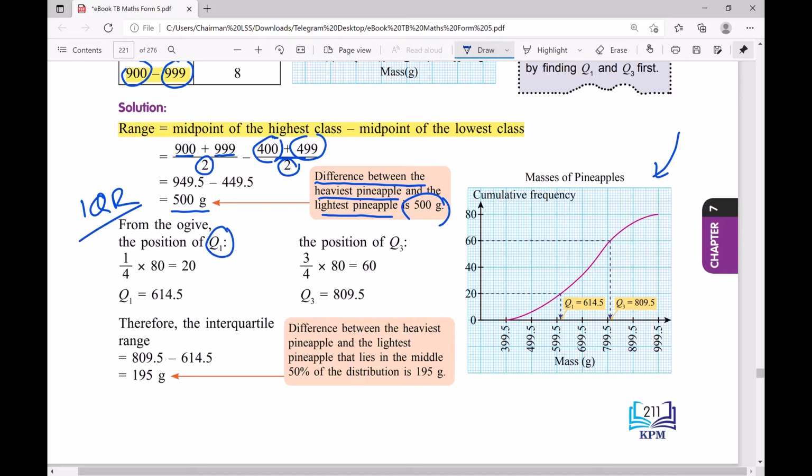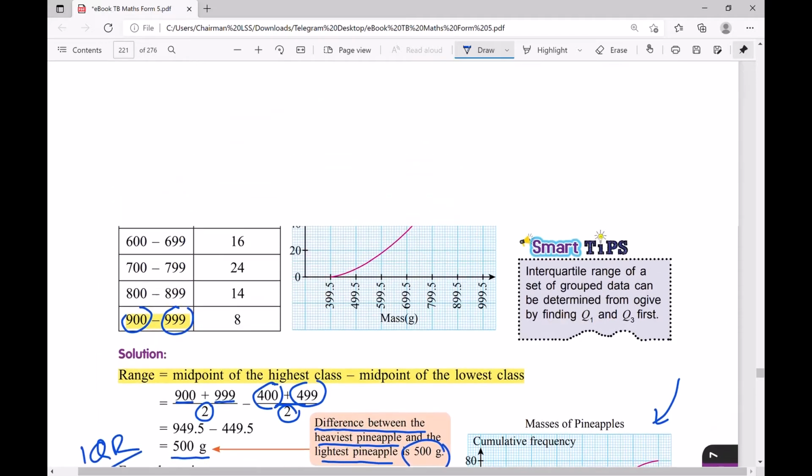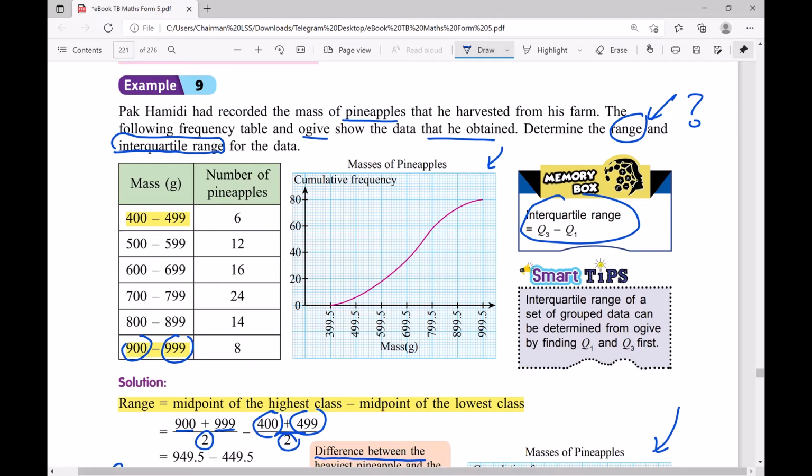The first quartile formula is 1/4 times the total frequency, your N. That is 80. Where do you find this 80? You find 80 from here. This is the highest frequency, 80. Or you total everything here and you'll get 80 also.